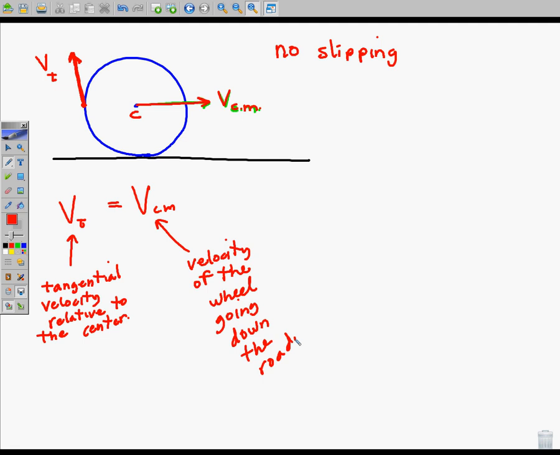Here's the last little side point. Ready? What if we wanted to consider the velocity of a point on the surface of the tire, not relative to the center, but relative to the road?